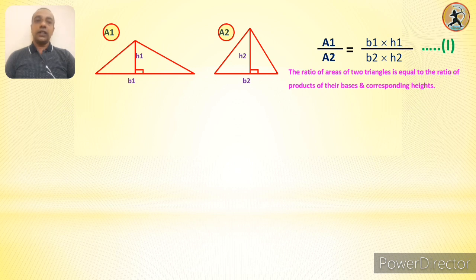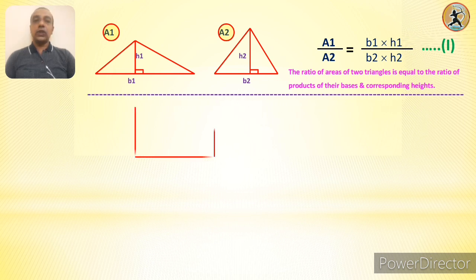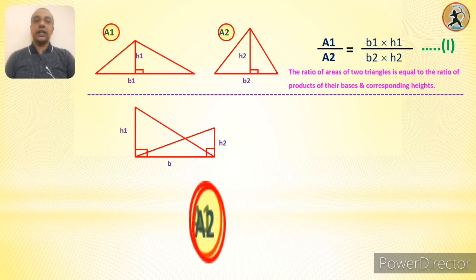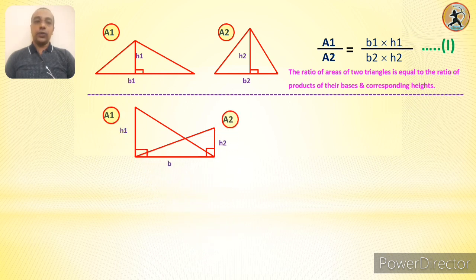Now let us consider one more pair of triangles, but here we consider that the base of the triangles is equal or common. So again there are two triangles with common base B and different heights H1 and H2. Again let us consider the areas of these two triangles are A1 and A2.